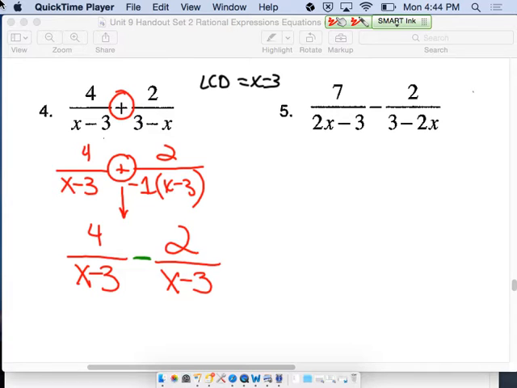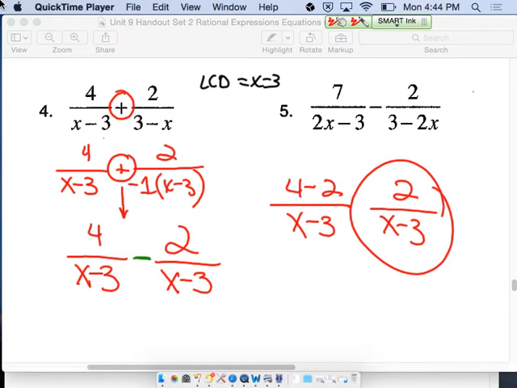And so now I can combine the numerators, and I would have 4 minus 2 over x minus 3, and that's going to leave me with 2 over x minus 3. So by introducing that negative sign into the problem in order to get the LCD, the way I feel about that result is it simply changes the operation between the two expressions.